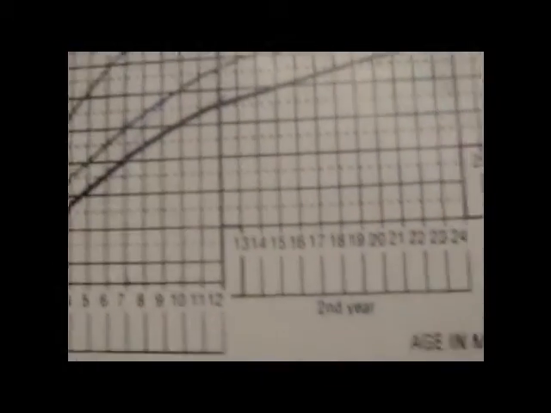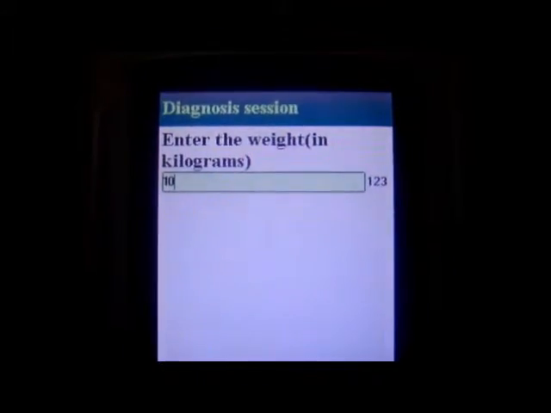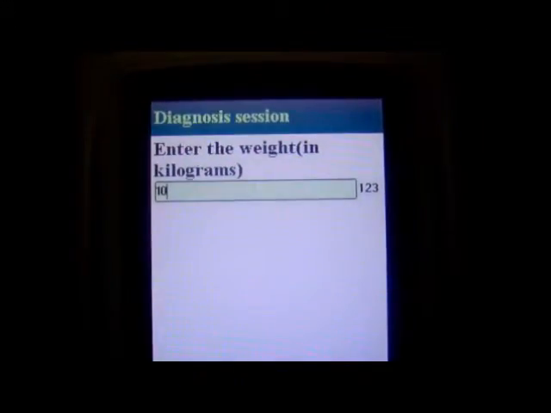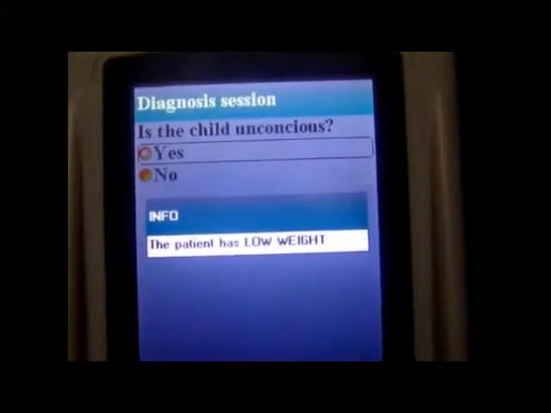The WHO has designed similar charts, the weight for age chart, which the village health worker uses at present. This cumbersome process can be bypassed in the decision support that we provide. The device gives a decision like this.